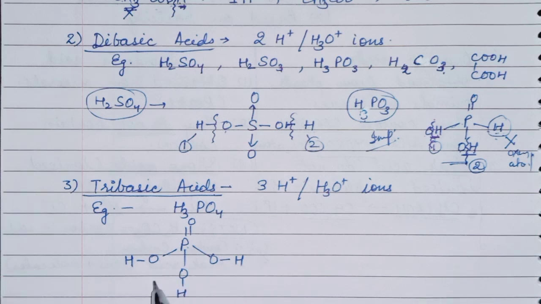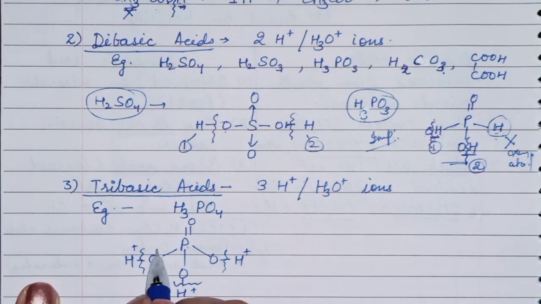So here you can see that all hydrogen atoms are attached directly to oxygen. So these 3 hydrogens are replaceable hydrogens, because they are directly attached with oxygen, so they will form H plus ions in water.